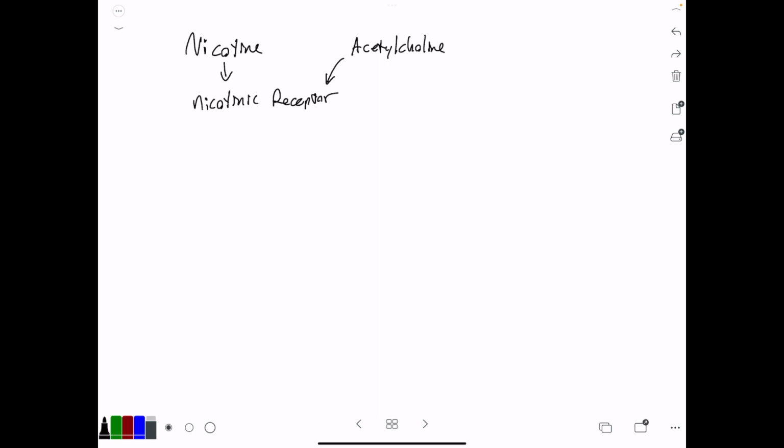So this is what it's binding to in our neuromuscular junctions, and this is an ionotropic receptor, and specifically a sodium ionotropic receptor. So it allows sodium, and what happens if we open up channels that allow sodium, it floods into the cell and it depolarizes it, more likely to cause an action potential. Right? And so nicotine binds to this as well.